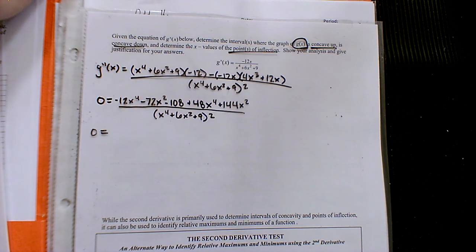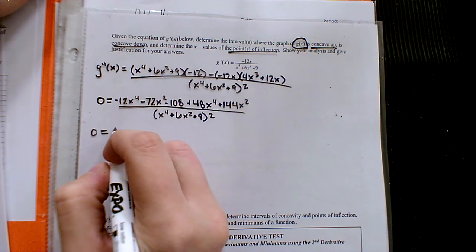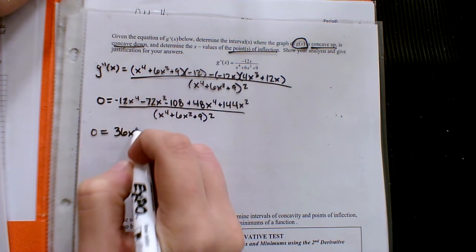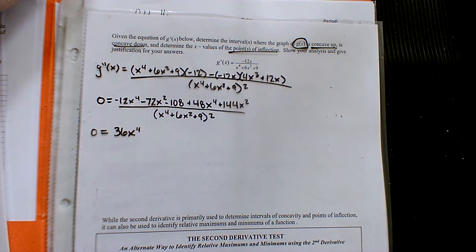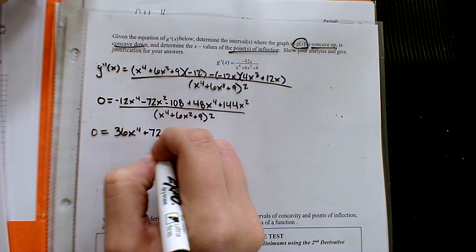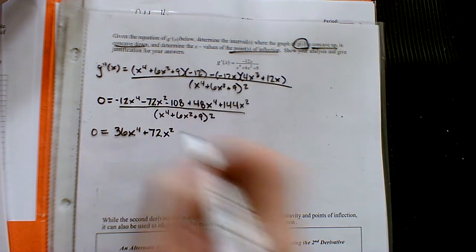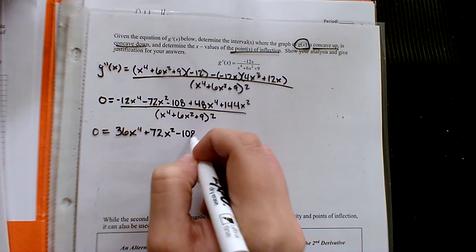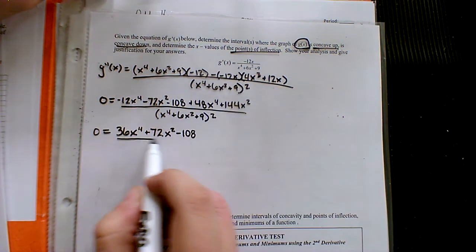All right, combining like terms, we get 36x to the 4th plus 72x squared minus 108.